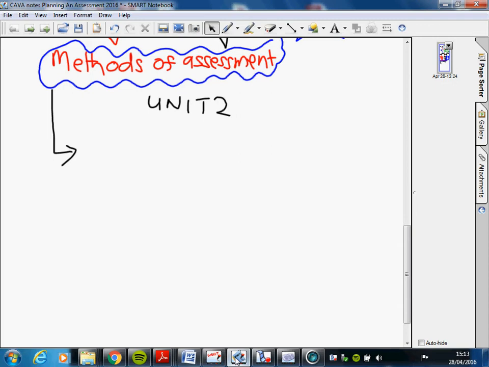As a minimum, you must have assessment method 1, observation. You must have an observation. This is where you observe your candidate performing a certain set of tasks against the standards as you have already designed those questions.